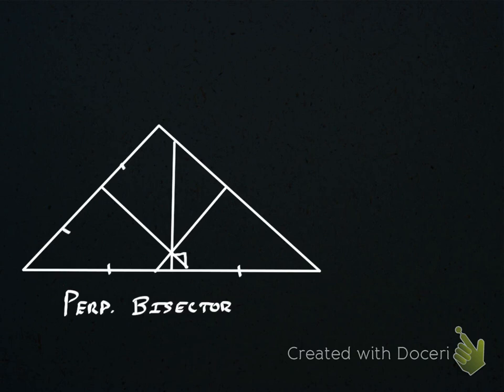I'm cutting this in half at a perpendicular, and this in half at a perpendicular. You can see there's a spot where all 3 of these perpendicular bisectors meet. And this is a special point in a triangle. This is called the circumcenter.